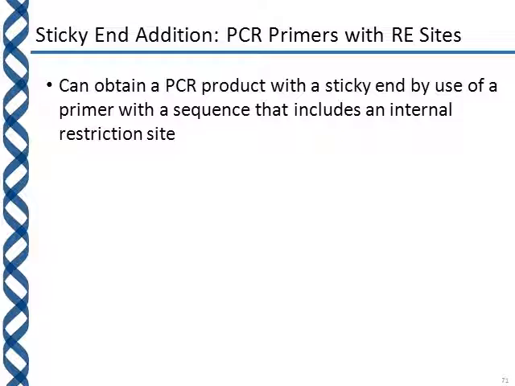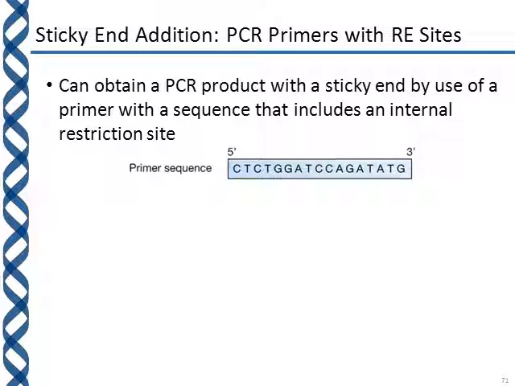The next option is sticky end addition with PCR primers with restriction enzyme sites. You can obtain a PCR product with a sticky end by use of a primer with a sequence that includes an internal restriction site. Here we show the primer sequence, which contains the palindromic BamHI site.